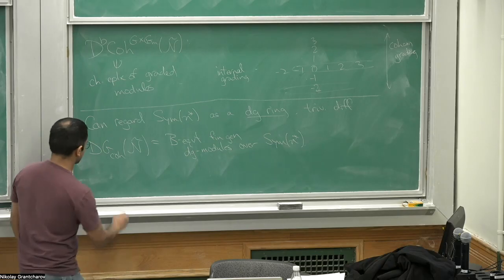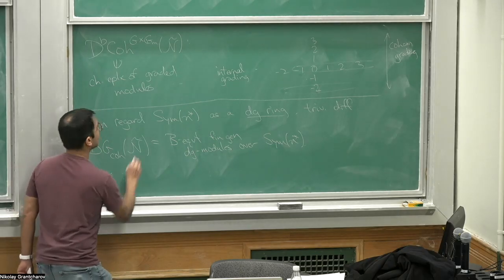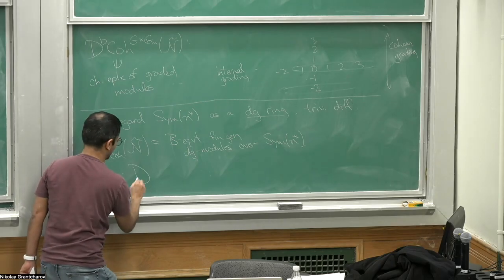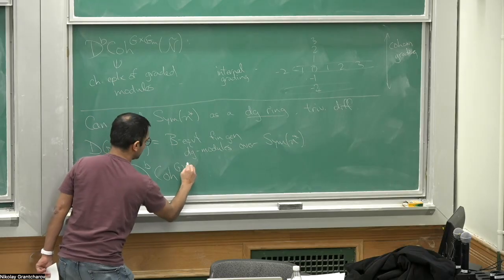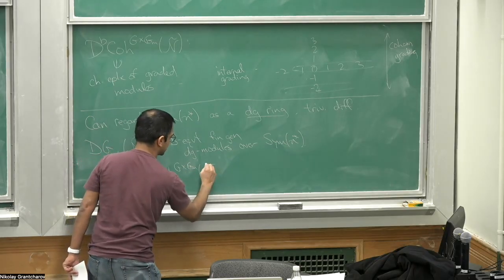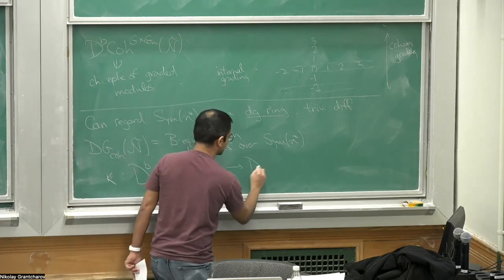And there's a functor from the top category to the bottom category. And I'll show you on this double grading picture what it is.